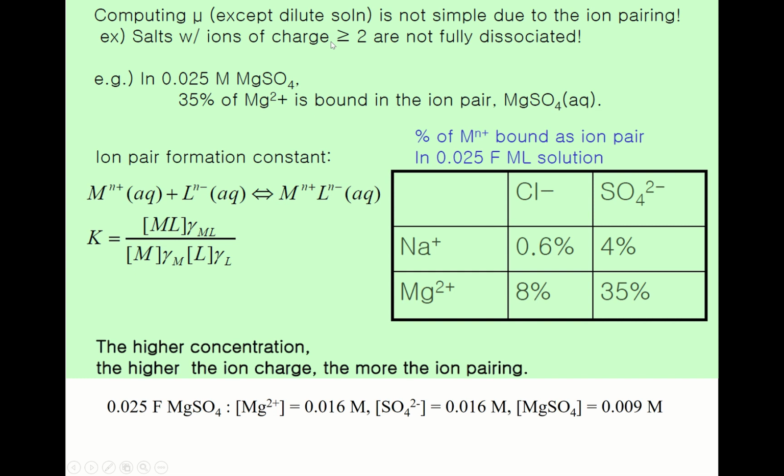So we can write the equilibrium constant for ion pair formation. The concept is the same. This is the ion pair equation.